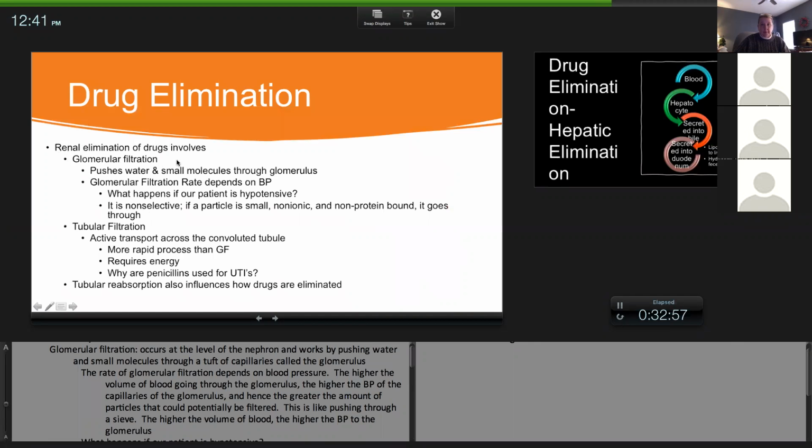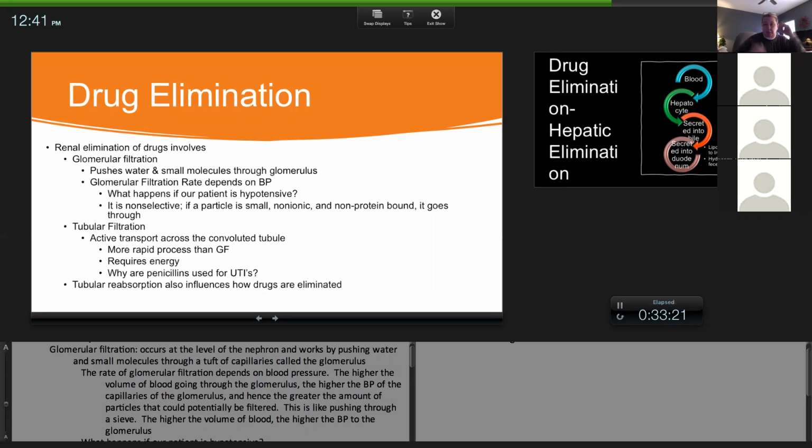Now, if you guys remember the nephron and that lovely nephron physiology, when blood in the body goes to the kidney and it gets renal arterial, which goes to an afferent, goes into the glomerulus, which is that capsule inside that nephron, and that's like the filter. So what happens is the body is kind of indiscriminate.